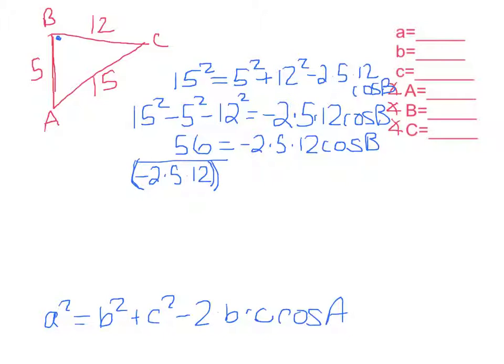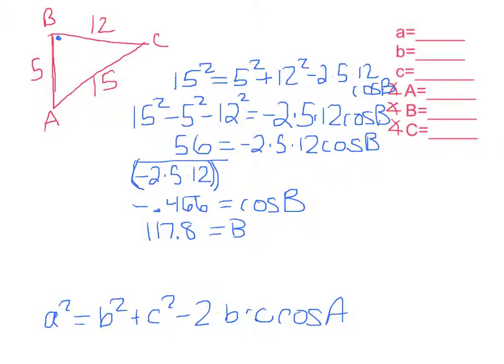If you did that correctly, you should get negative 0.46666 repeating. Okay, so that's what equals the cosine of B. Do the inverse of cosine and you get B is equal to 117 degrees, 0.8. Sound good? So now we have one angle.